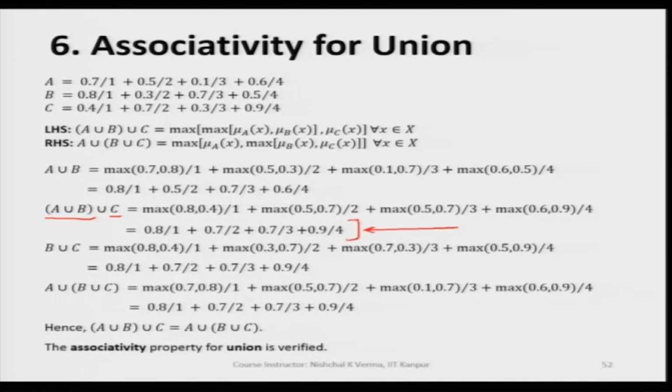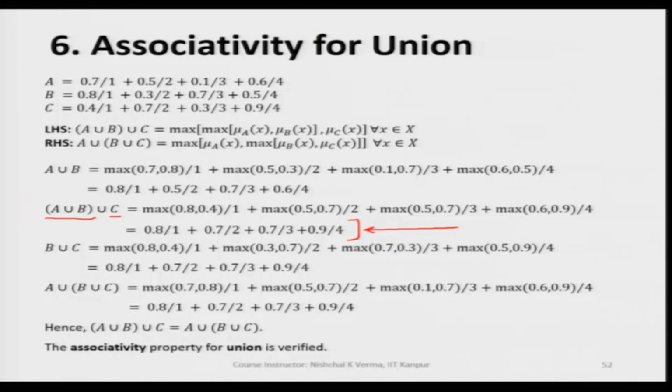This is a discrete fuzzy set. So, let me read the elements of this fuzzy set: 0.8 oblique 1 plus 0.7 oblique 2 plus 0.7 oblique 3 plus 0.9 oblique 4.